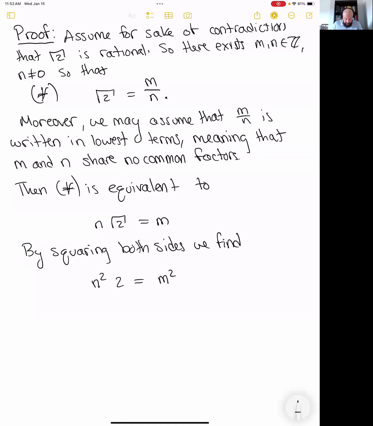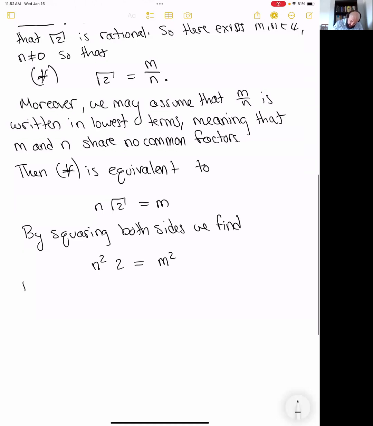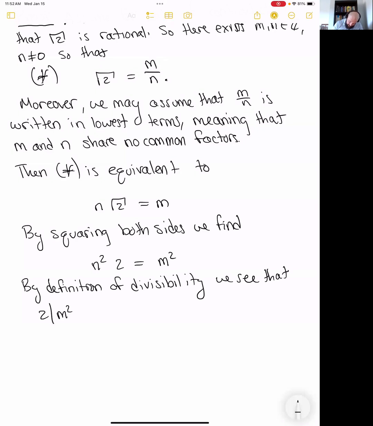So by definition of divisibility, we see that 2 divides m squared, and by the previous lemma that we just proved, we know that 2 divides m.